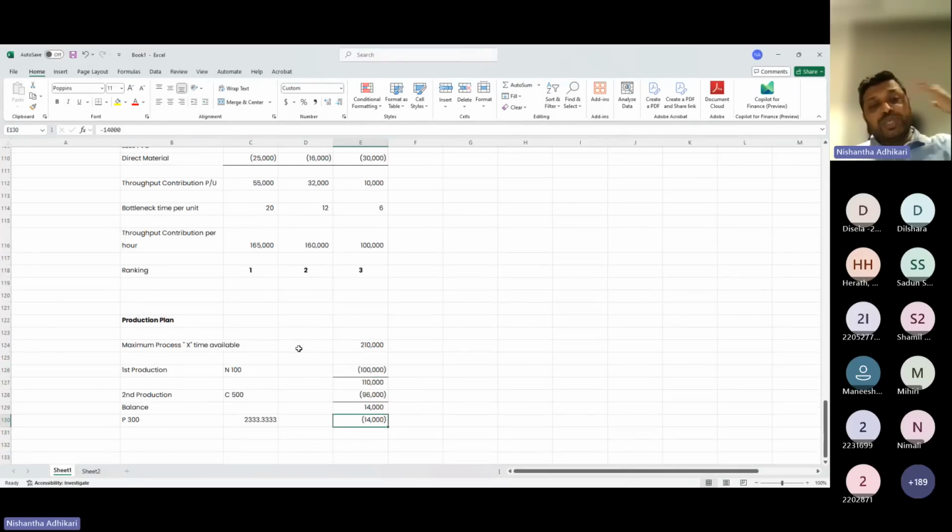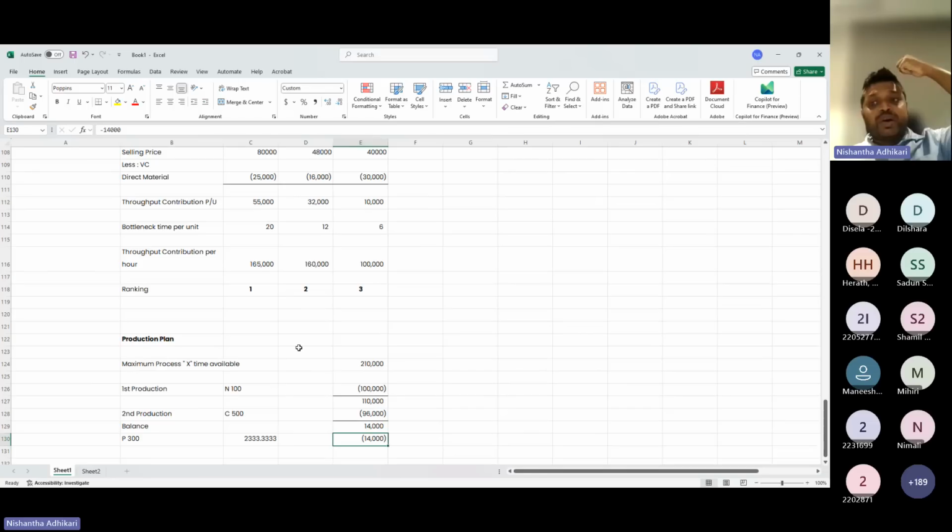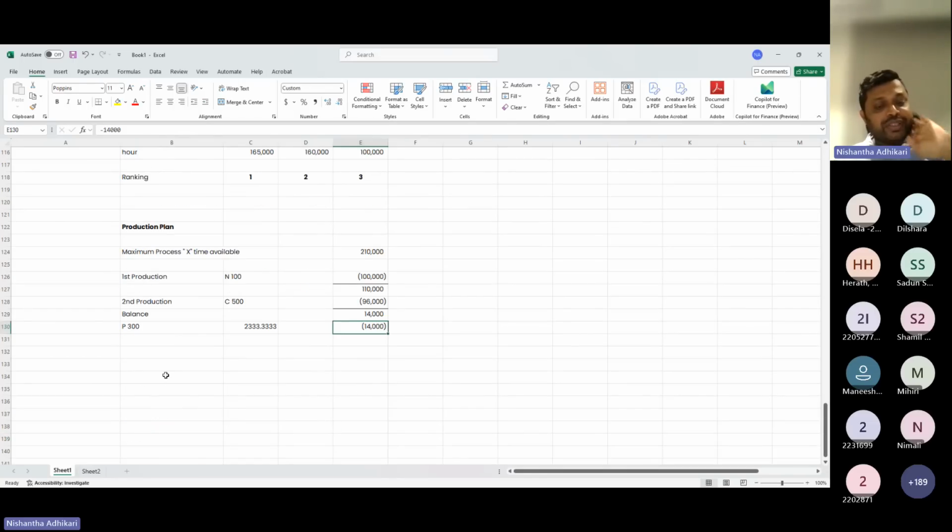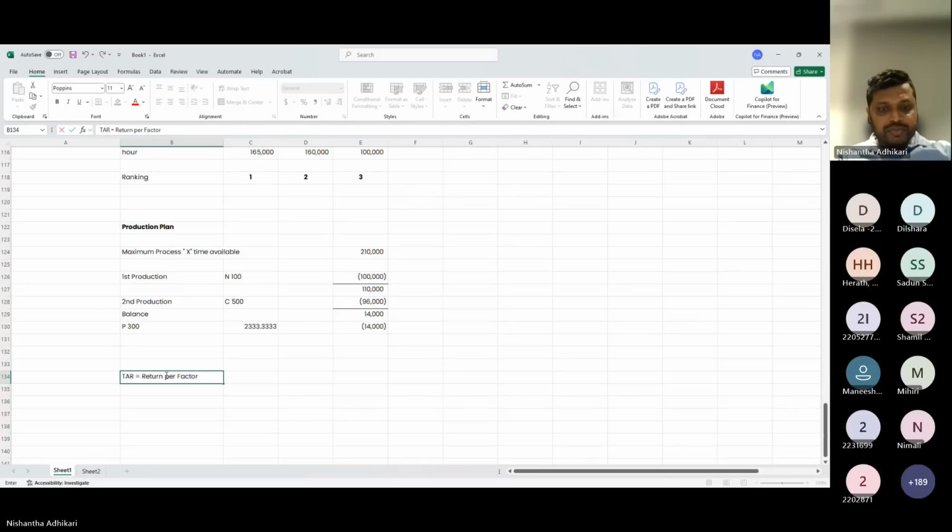Now they asked to work out the throughput accounting ratio for all three products. When you calculate TAR, the throughput accounting ratio, you work out return per factory hour divided by cost per factory hour.